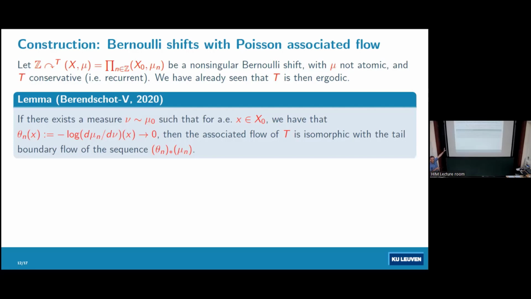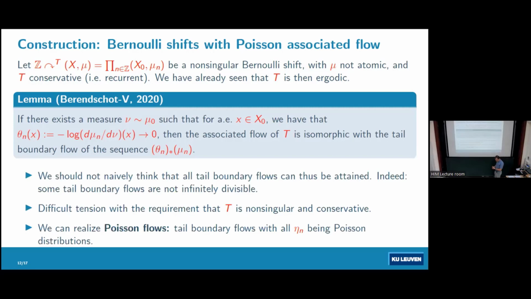Well, if that happens, then we can compute that the associated flow of the shift is precisely the tail boundary flow of this sequence of probability measures, where you push forward mu_n, a measure on X_0, to the real line with this function theta_n. So this produces a sequence of probability measures on the real line. Its associated tail boundary flow is precisely the associated flow of the Bernoulli shift.